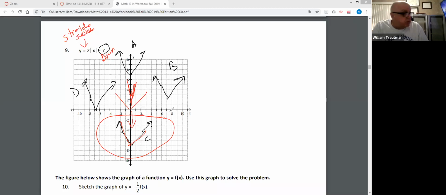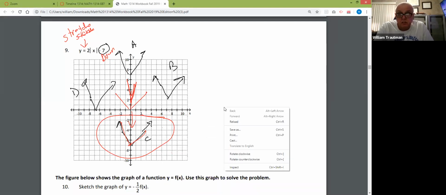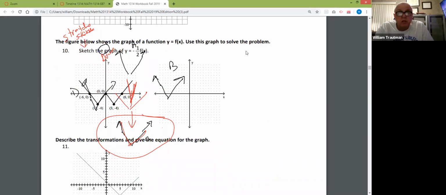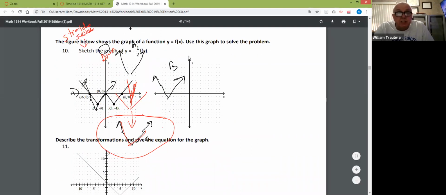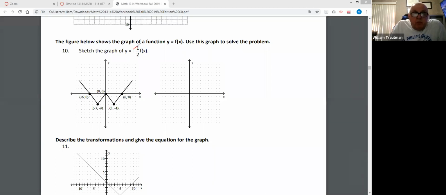And next is number 10. Now, I will admit, this might be the hardest question on the test, one that looks similar to this. But let me do away with this function.